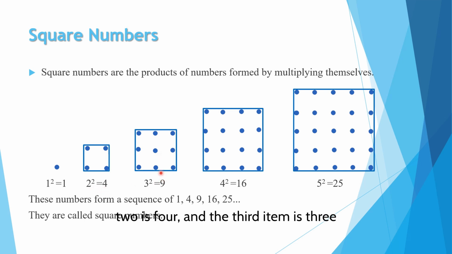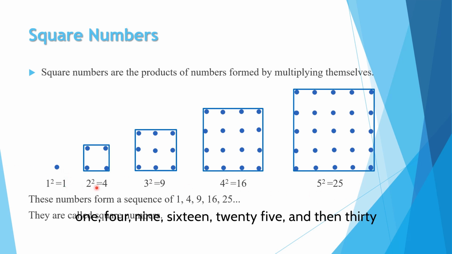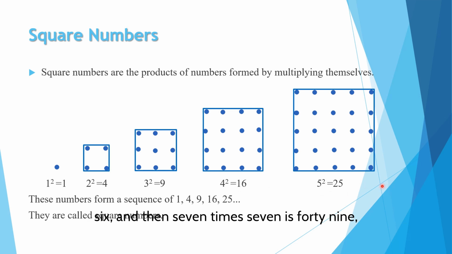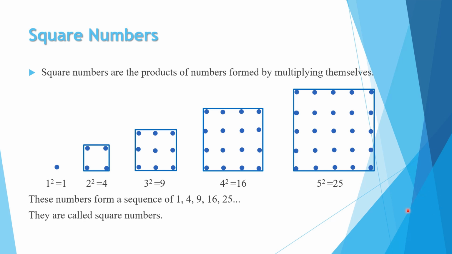And the third item is 3 times 3 equals 9, and so forth. So we can predict that the sequence would be 1, 4, 9, 16, 25, and then 36, and then 7 times 7 is 49, and then 8 times 8 is 64.